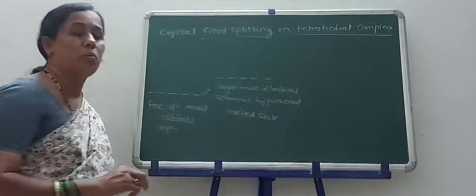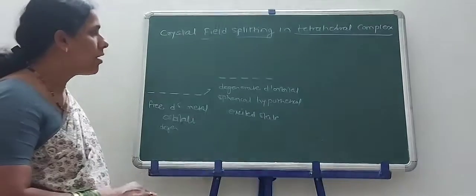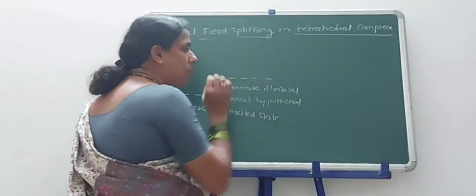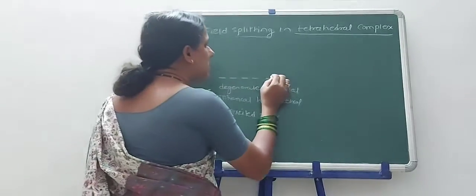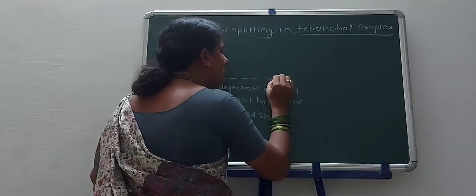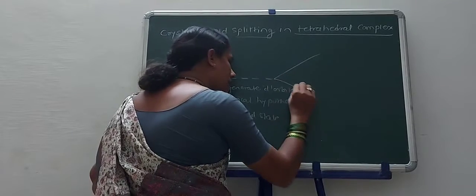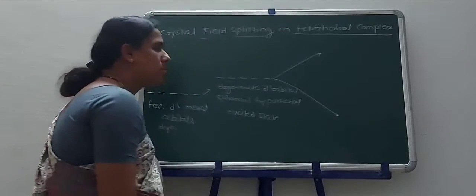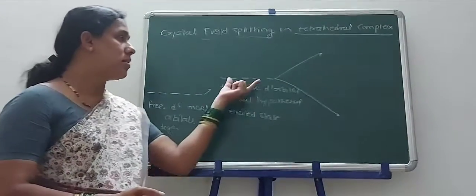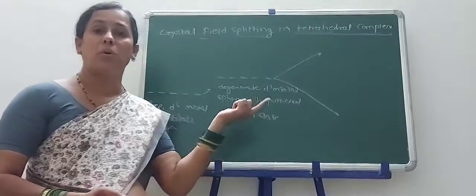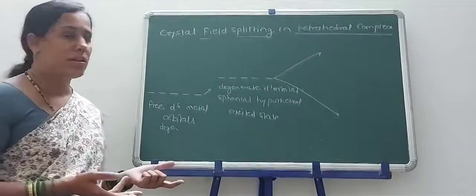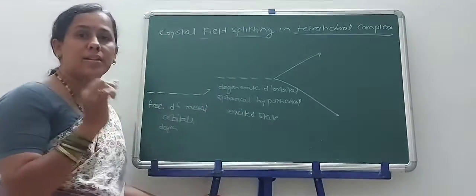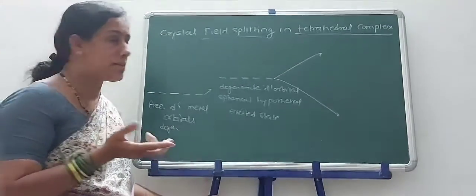Now, after the approach of ligands to these orbitals, the d orbitals split into 2 types. In a tetrahedral the ligands lie in between the axes.